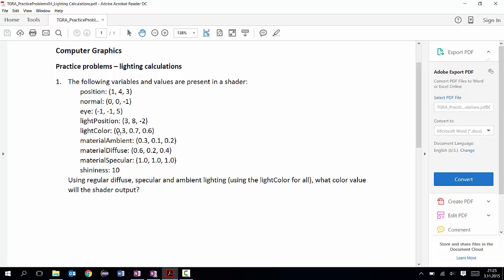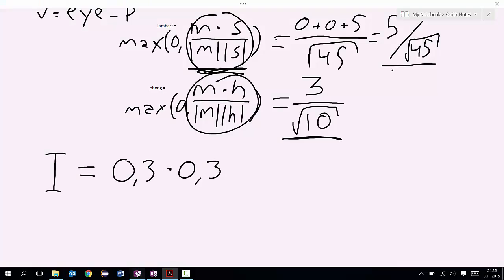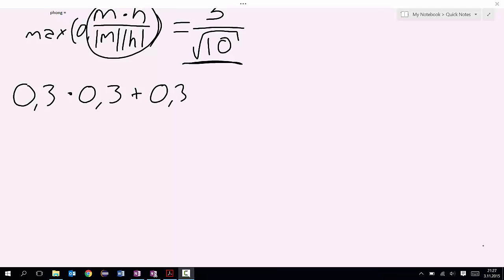So the ambient part will be the light color times the ambient part of the material. The diffuse part will be the light color again, times the diffuse of the material, which is 0.6. So we'll add that to here, plus 0.3, which is again the light color. So we have the red color of the light times the red part of the material diffuse.